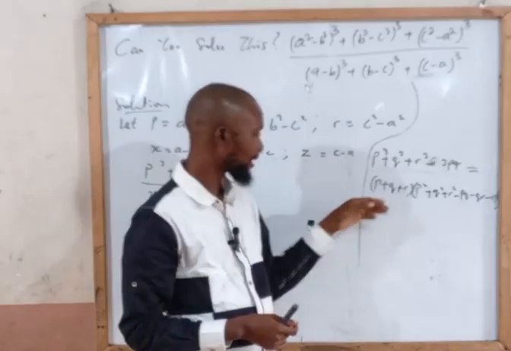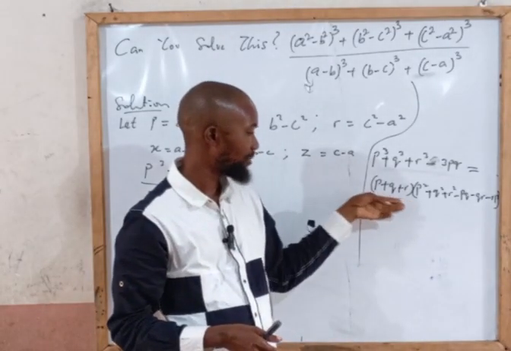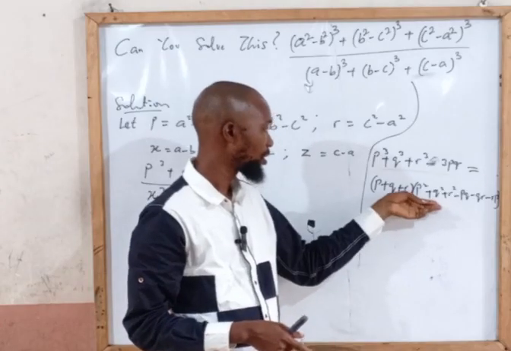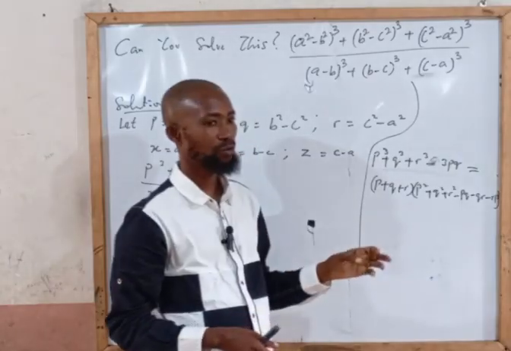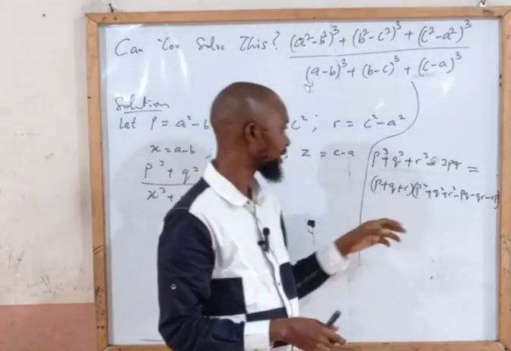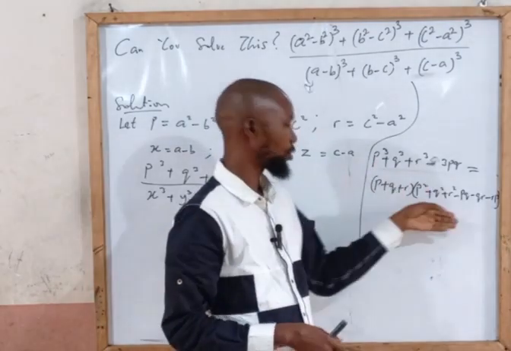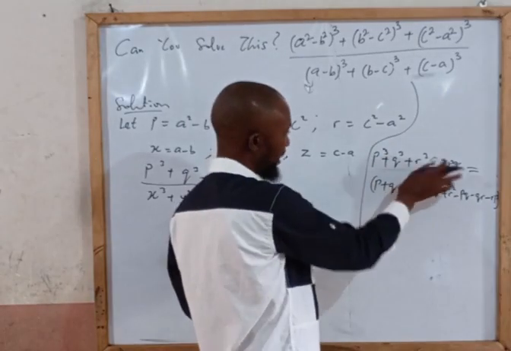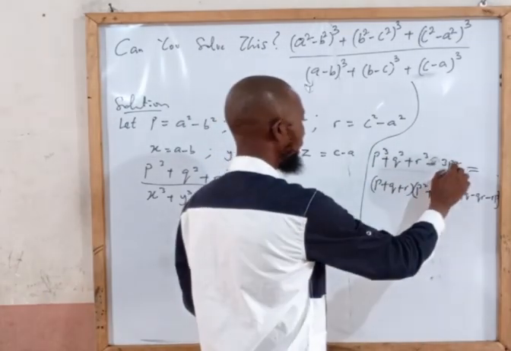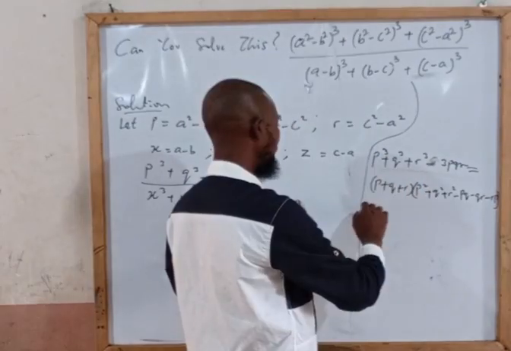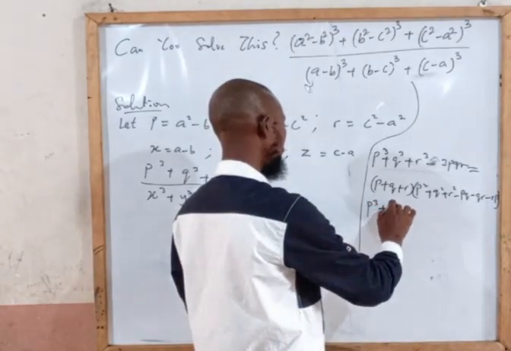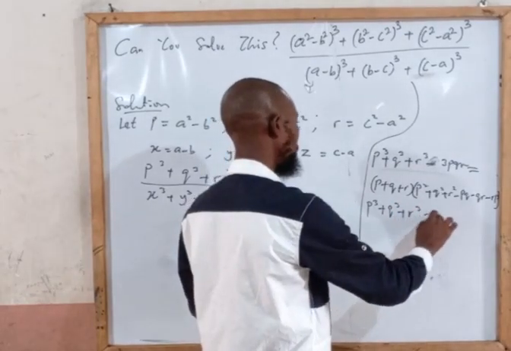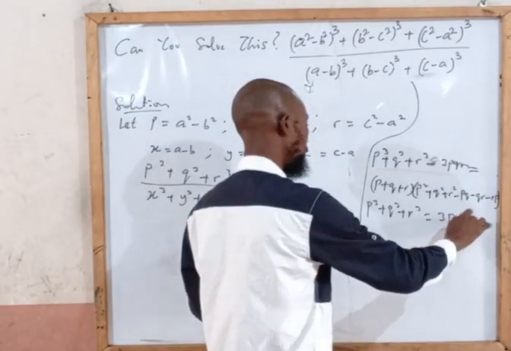If any of the two factors, be it what we have in this bracket, is 0, that automatically means this thing will be equal to 0. And if this is equal to 0, then P cube plus Q cube plus R cube will be equal to 3PQR.